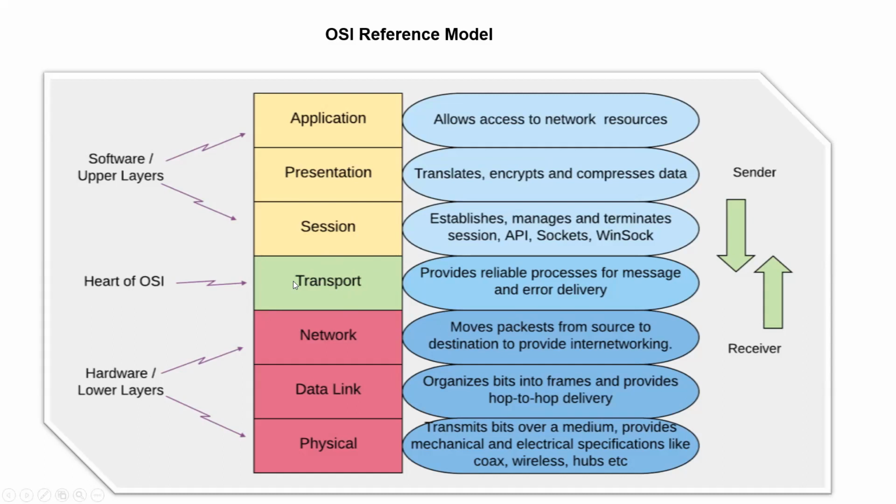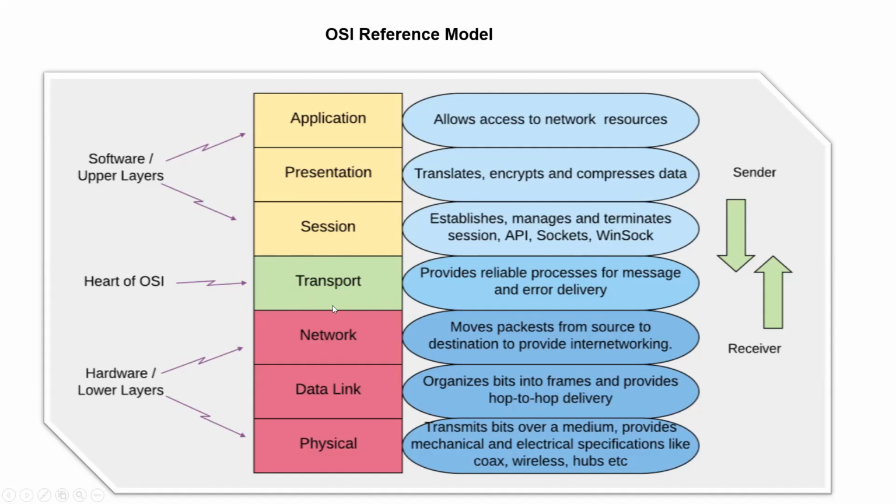Transmission Control Protocol. This is a reliable form of transport which creates a three-way handshake with the web servers. Okay, what is a three-way handshake? This is not in our syllabus, but it provides reliable processes for message and error delivery.